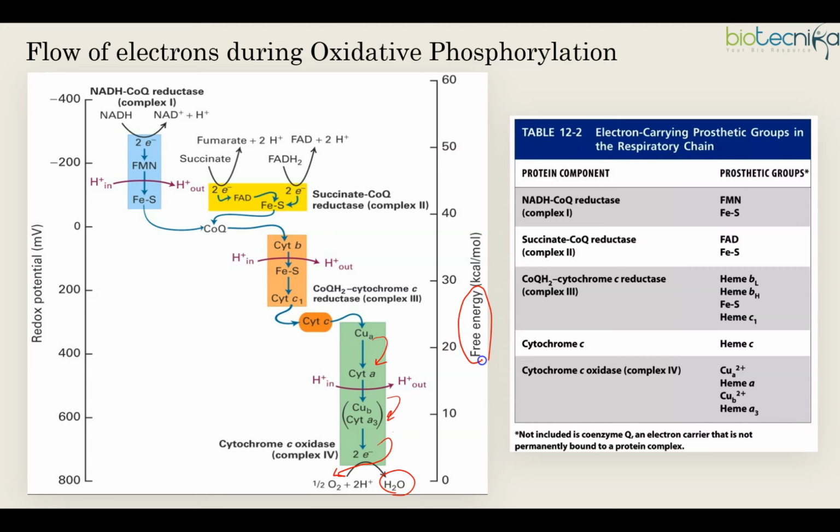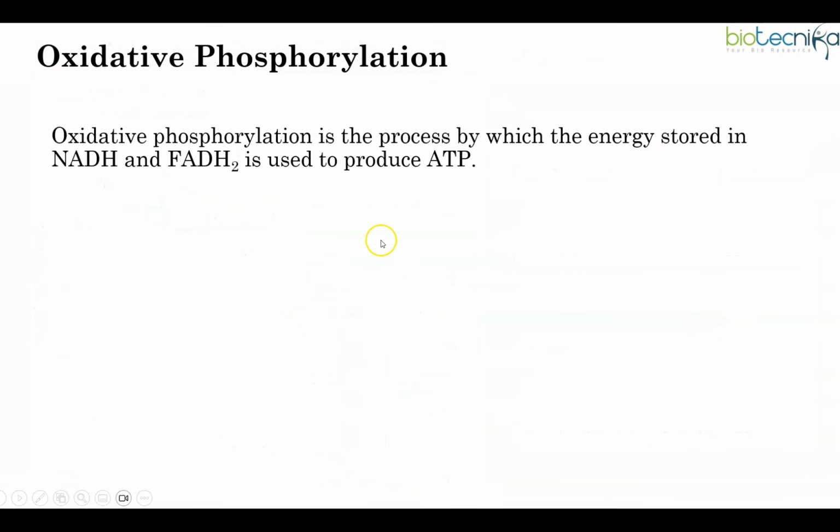Also notice the free energy change. You will see that the free energy is high before, but slowly comes down as it reaches the terminal electron acceptor, which means that this flow of electrons is a spontaneous process because the free energy is decreasing, the free energy change is negative, so it is an exergonic process. That is why it is able to transport the protons to the other side of the membrane.